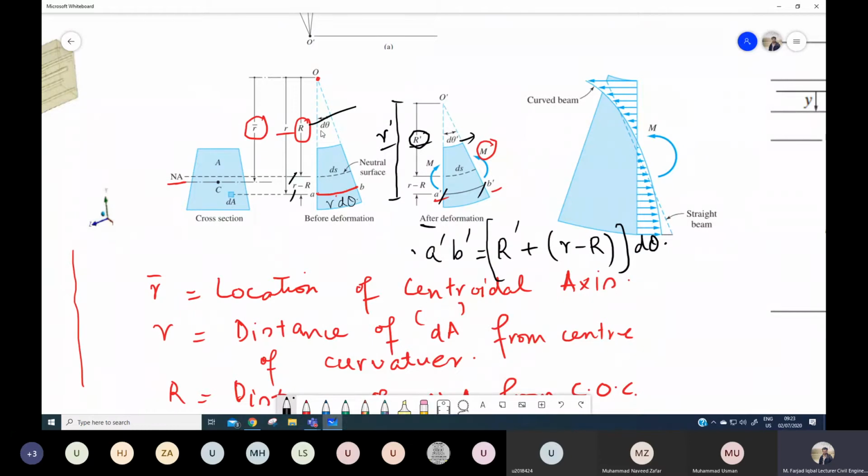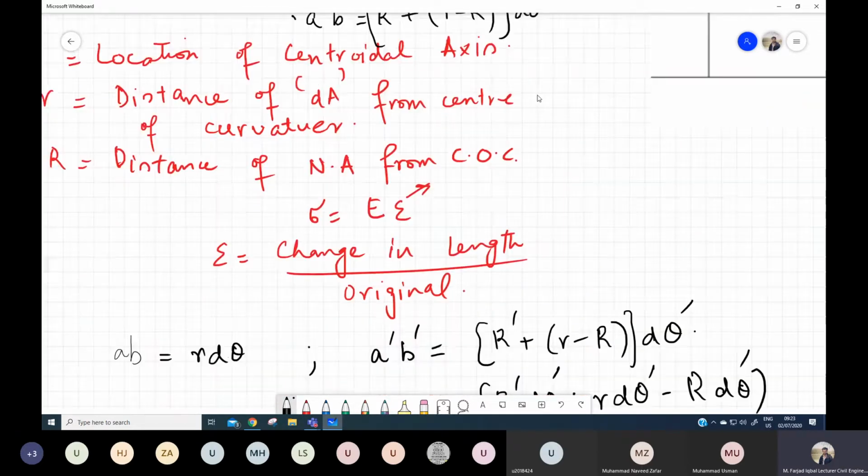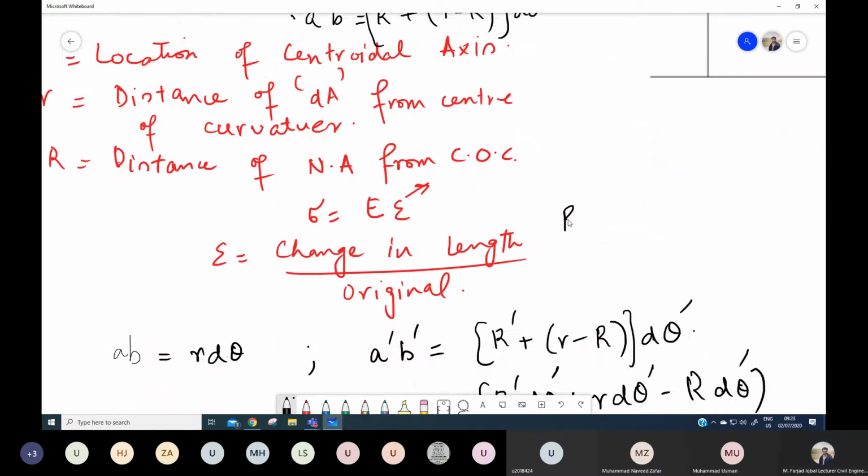That is R into d theta, right? And what is the length of the neutral axis after the deformation occurs? R dash d theta dash. Since there are no stresses on the neutral axis, we can say that R d theta is equal to R dash d theta dash.